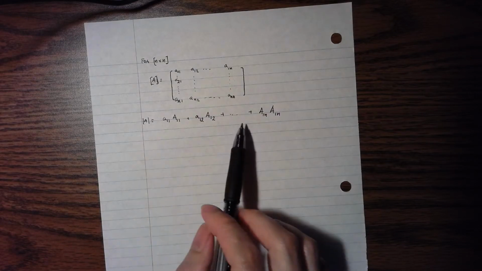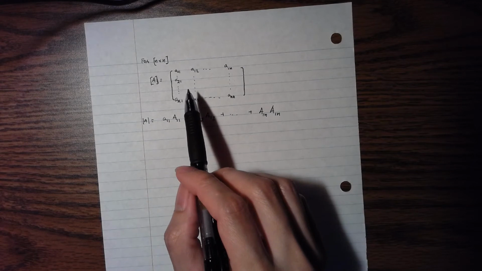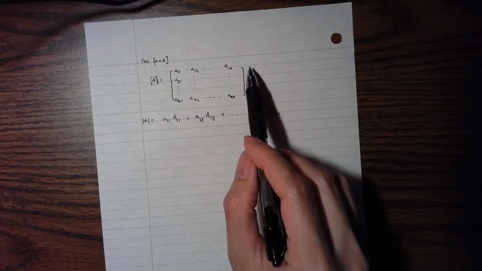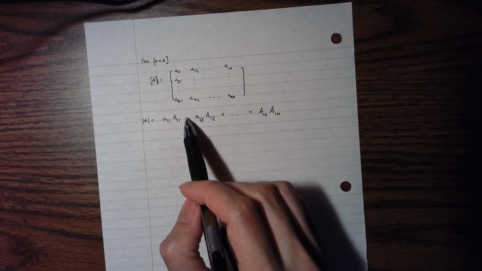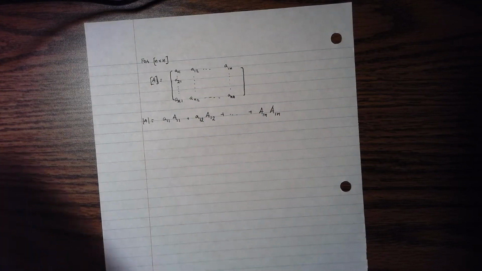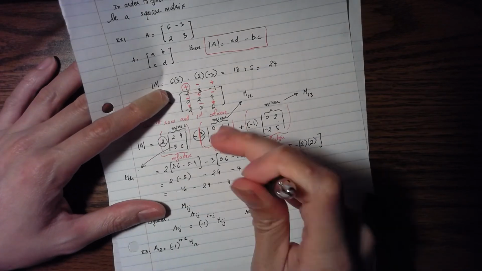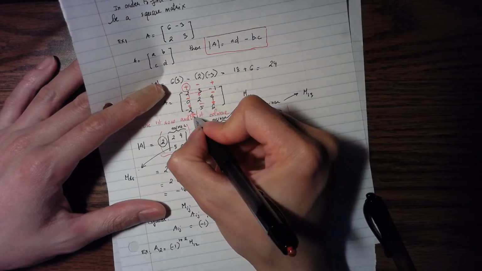This formula over here is the general rule to find the determinant of an n by n matrix, using the first row and starting with the first column. So I'm going to put over here a little bit, just to make it clear.